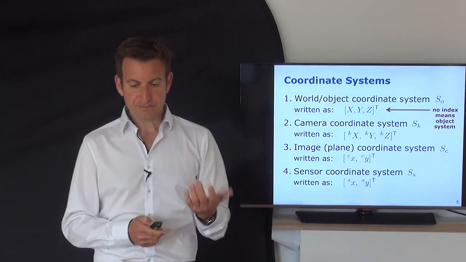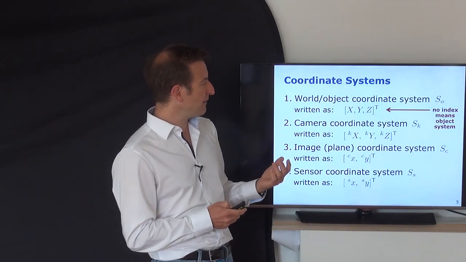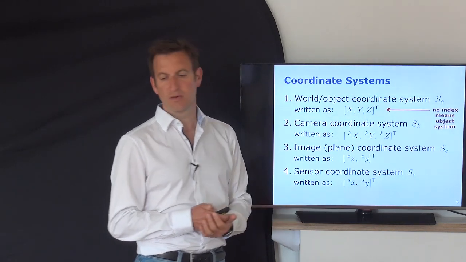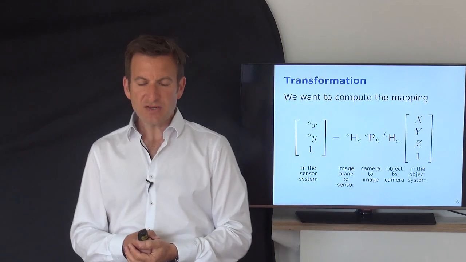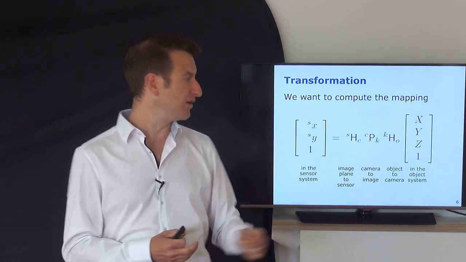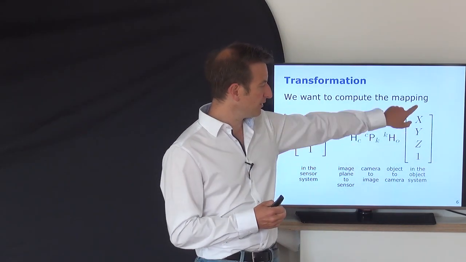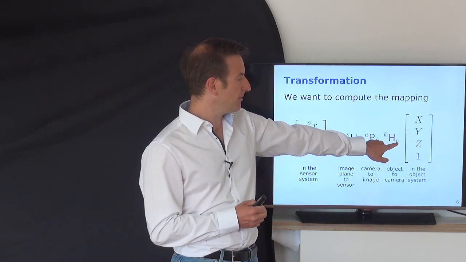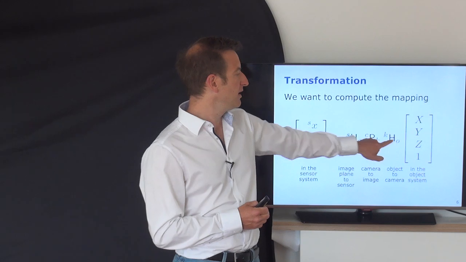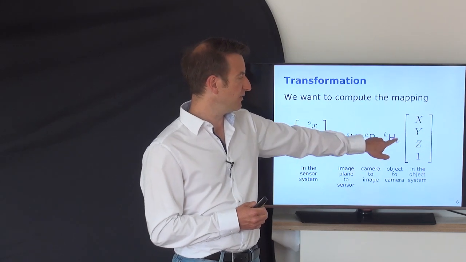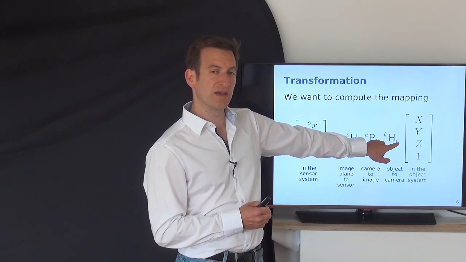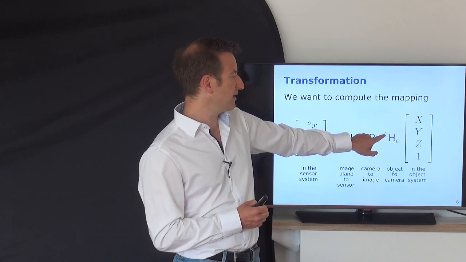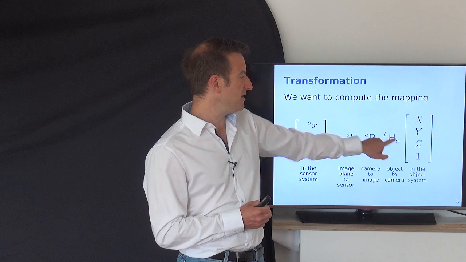What we can then do is describe the mapping of how to map this point into this coordinate. The transformation we are looking into can be expressed here. It's our point in the 3D world in the object coordinate system. Then there's a mapping from the object coordinate system into the camera coordinate system. If you see these lowercase indices on the right and the uppercase index on the left-hand side, this means from here to there.